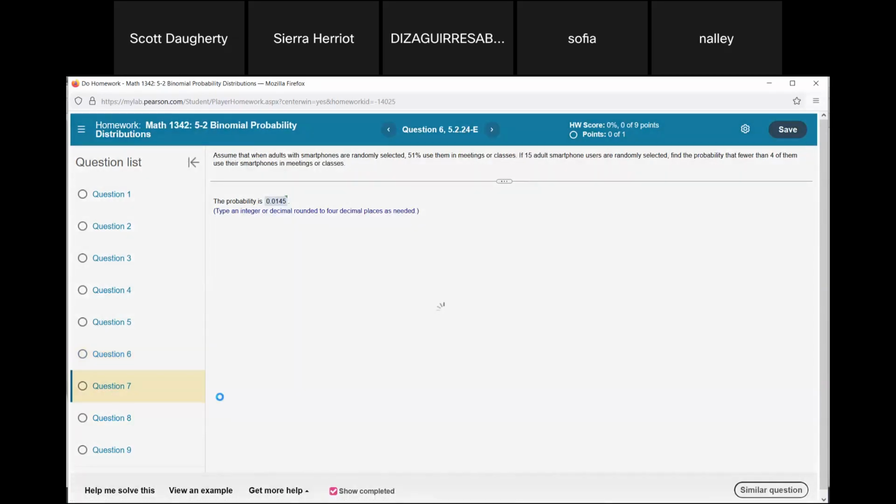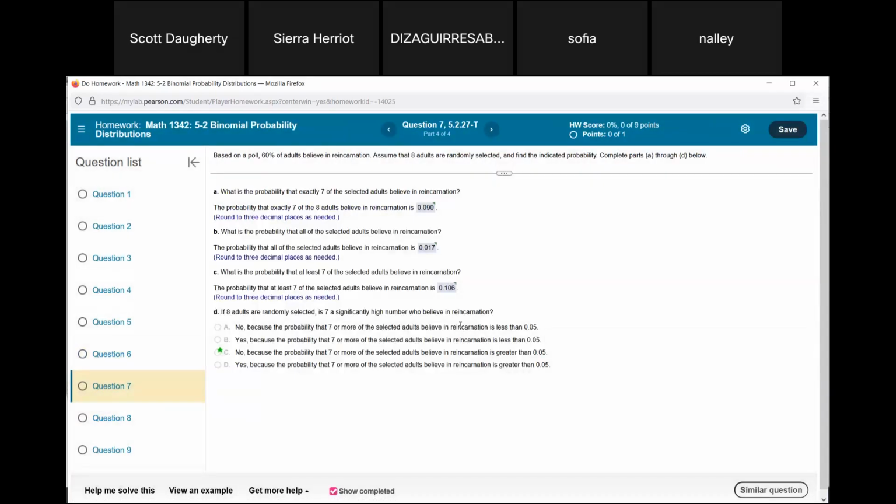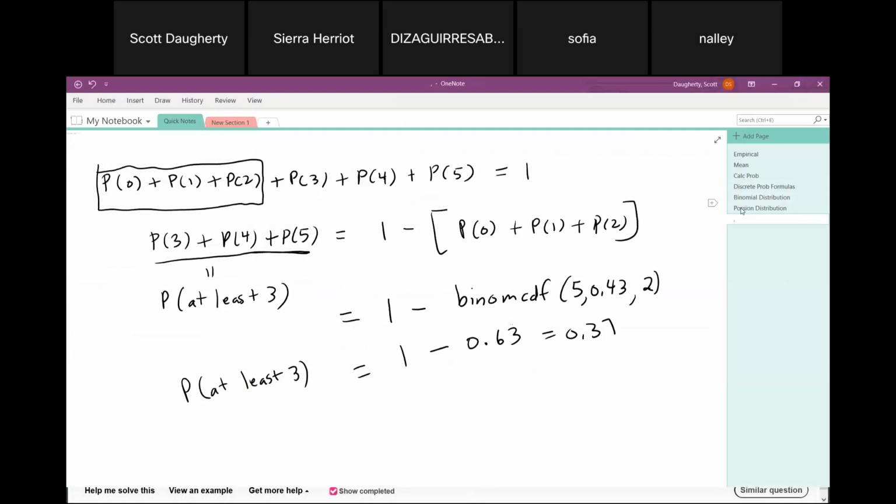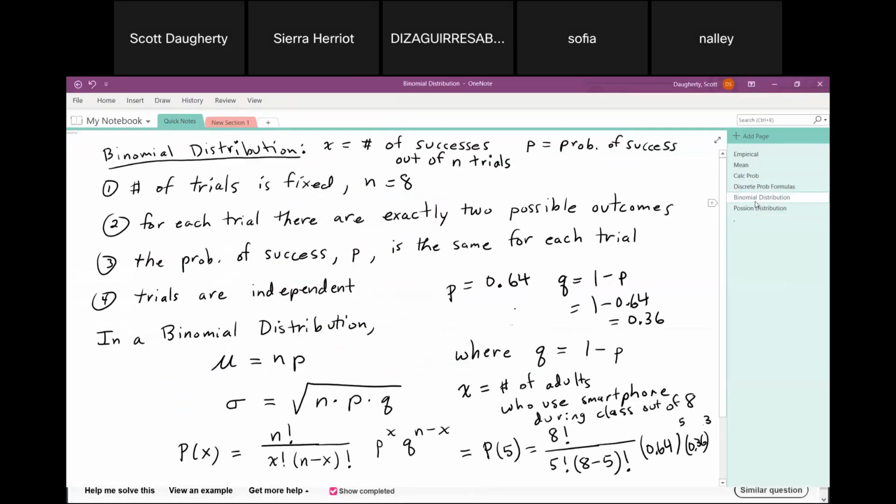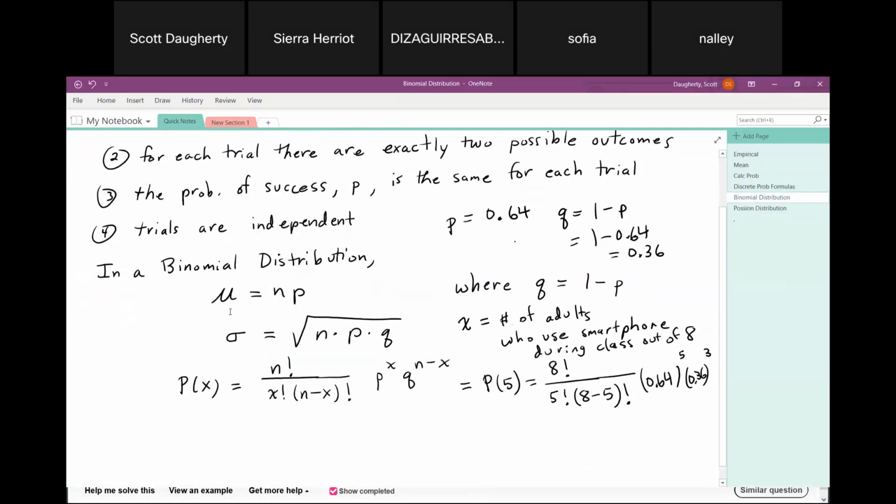Okay, so then the last thing I want to look at is we can also calculate the mean and standard deviation. Let me pull those formulas back up. If we have a binomial distribution, then we're able to find the mean of the random variable, what happens on average, and how the data deviates from the mean.